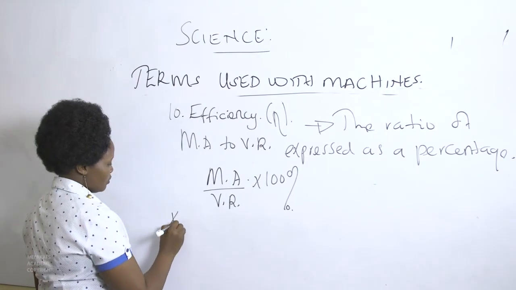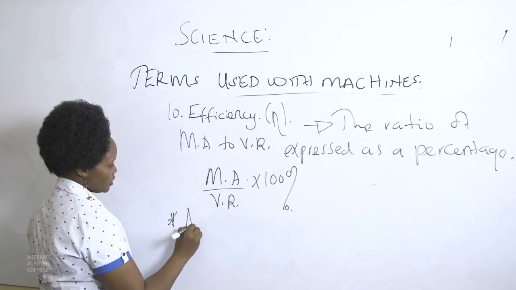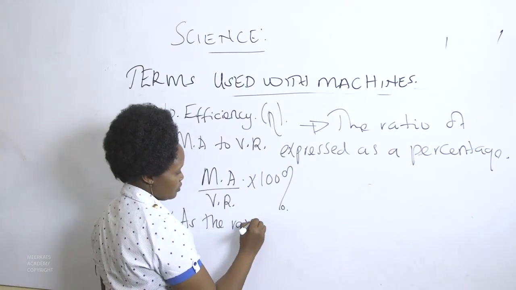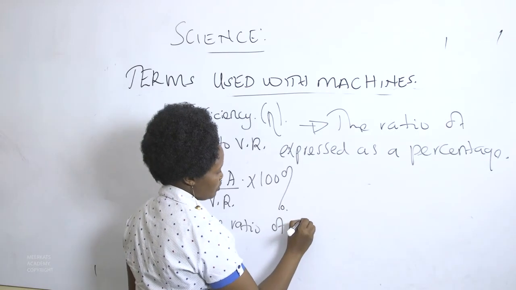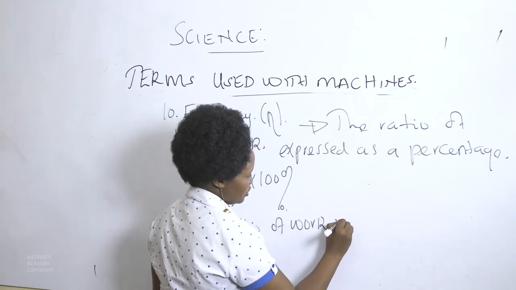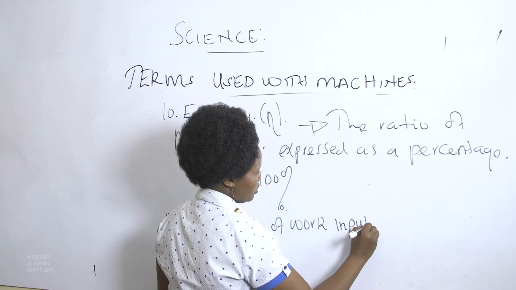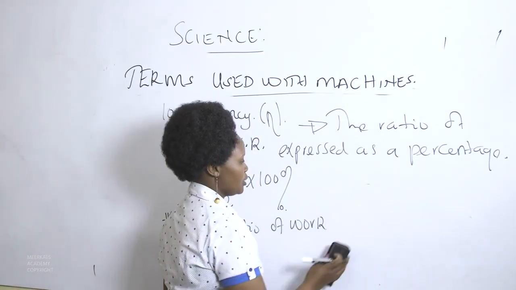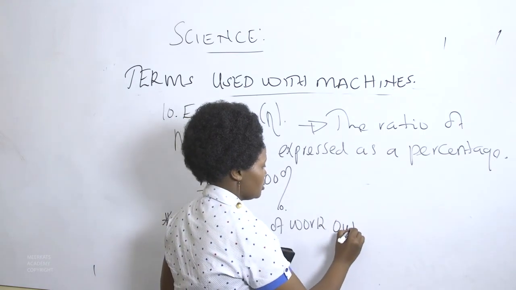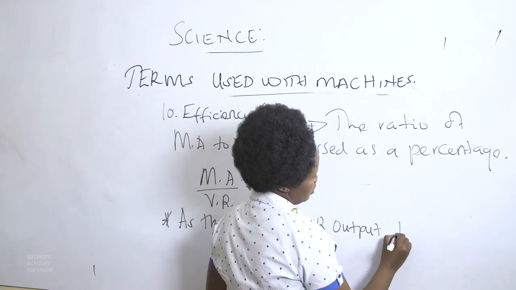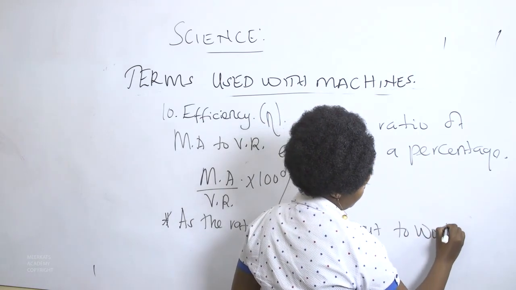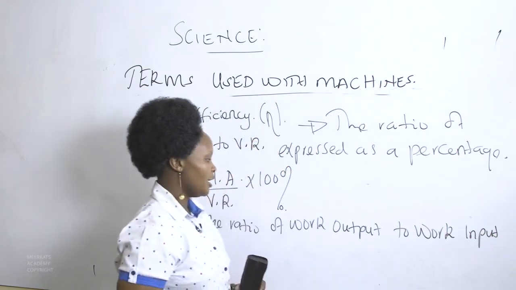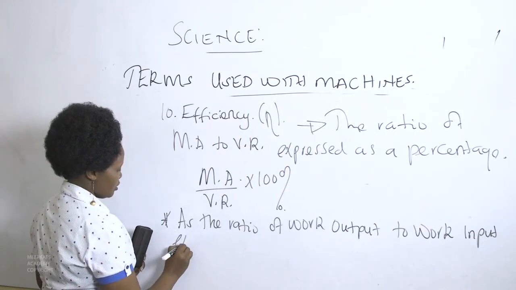You could also define it as the ratio of work output to work input, again expressed as a percentage.